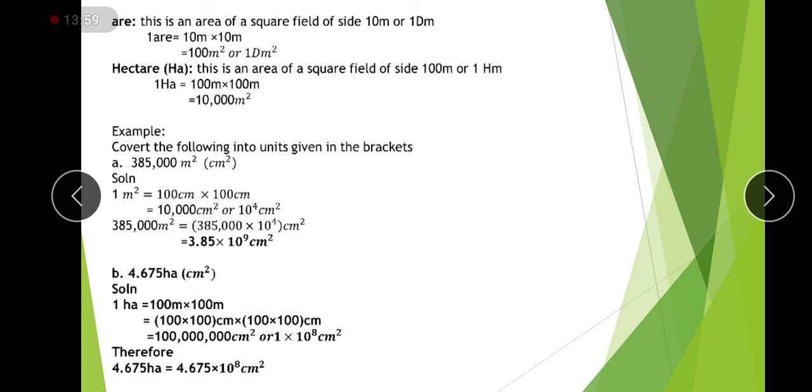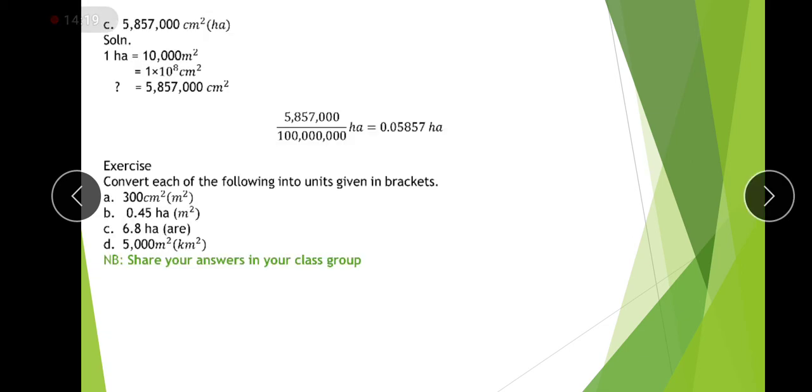In example number 2, we were converting hectare to square centimeter. Hectare is bigger than square centimeter. Therefore, we just multiply. In example number 3, we are converting from square centimeter to hectare. Square centimeter is smaller compared to hectare. Therefore, when you are converting from a smaller unit to a bigger unit, you divide. Hope you have seen that.